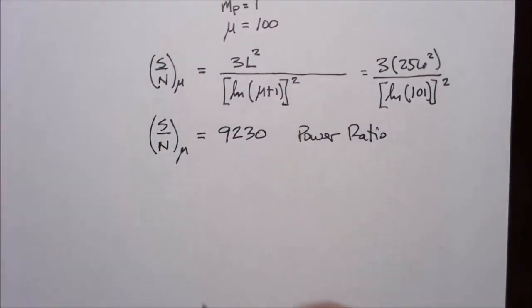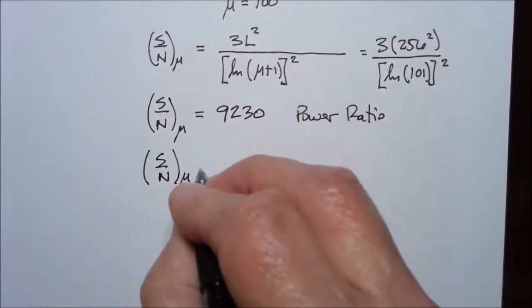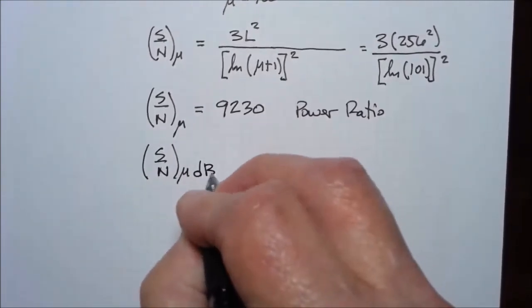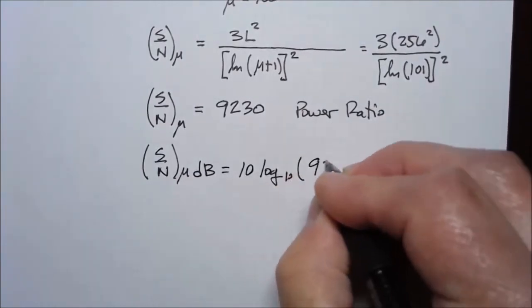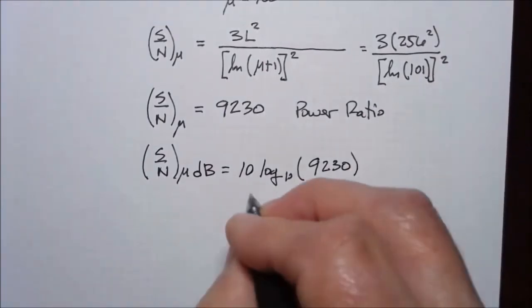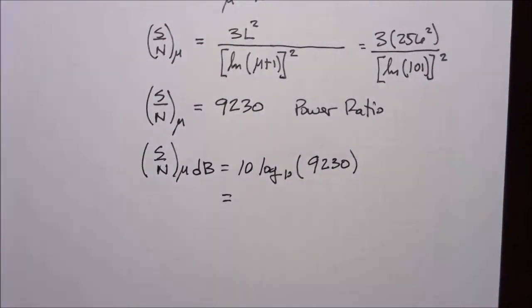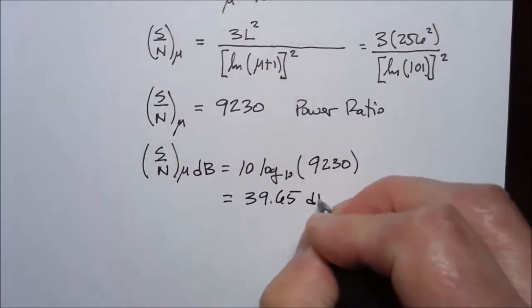And if we want to, tip it over, the signal to noise ratio for the mu law quantizer in decibels is going to be 10 times the log base 10 of 9,230, which is 39.65 decibels.